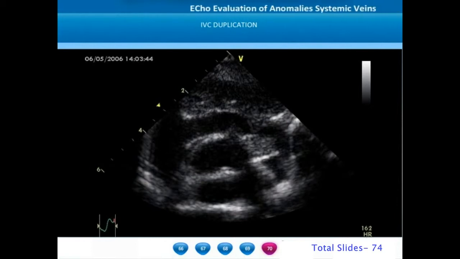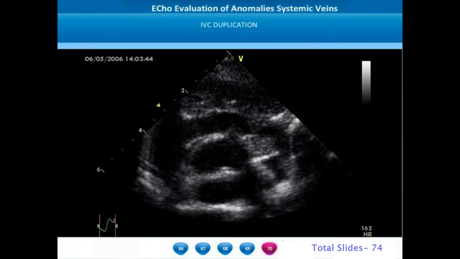The left inferior vena cava drains the left iliac and left renal vein, ascends up as a hemiazygous channel on the left paravertebral gutter, and ultimately drains into the left innominate vein.